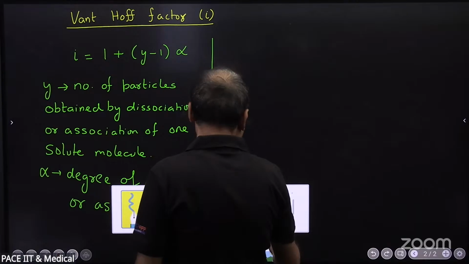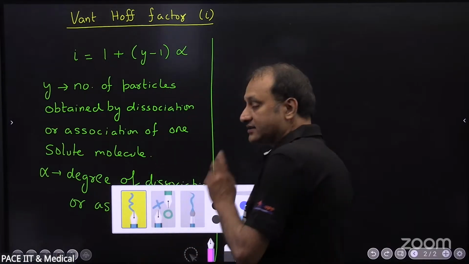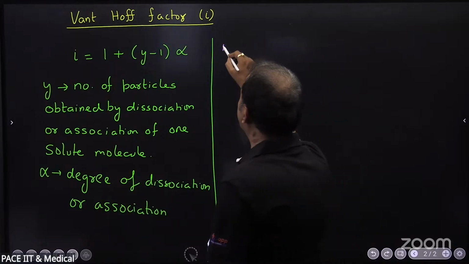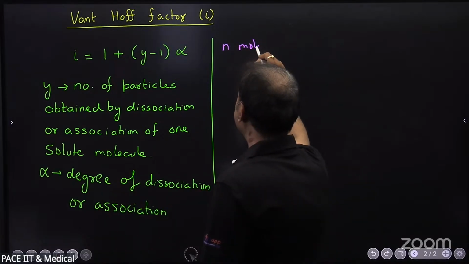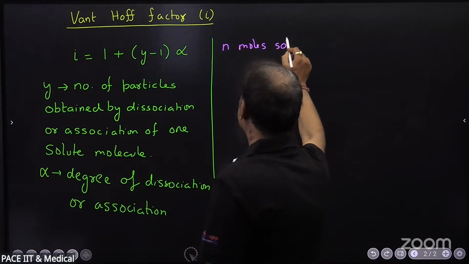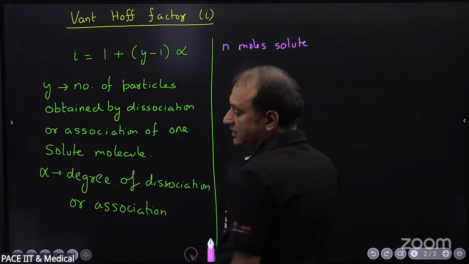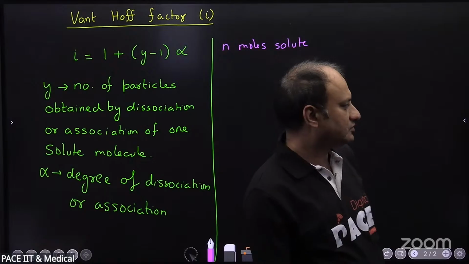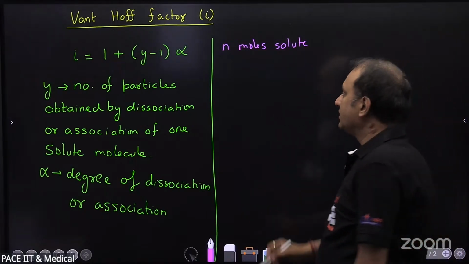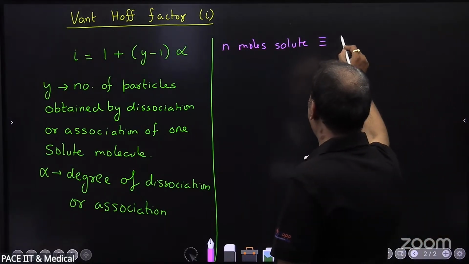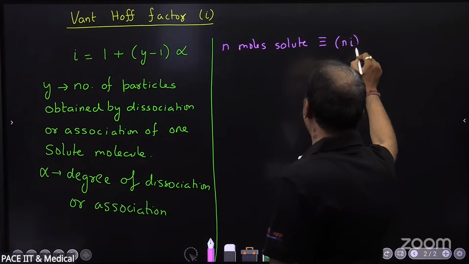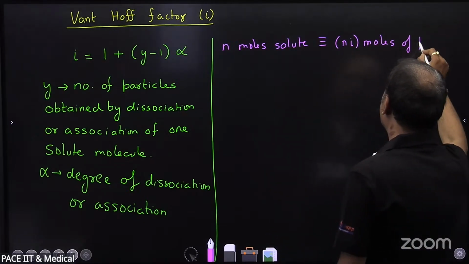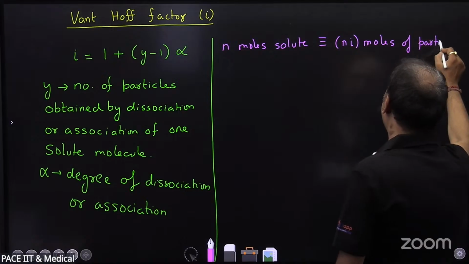What will be the significance of i? What will i tell us? So, if in a solution I dissolve n moles of solute, n moles of solute will be equivalent to ni moles of particles.